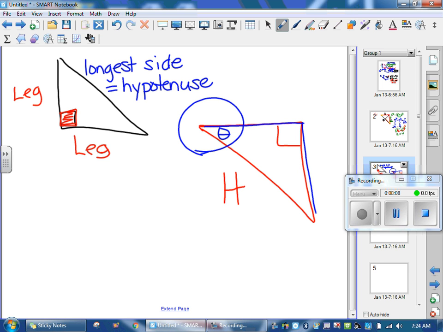Well, we get 2 new names. Instead of being called leg and leg, they can be called opposite and adjacent. Opposite means, just like the hypotenuse, it's across from the angle.